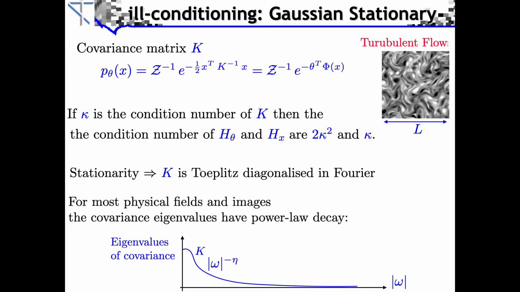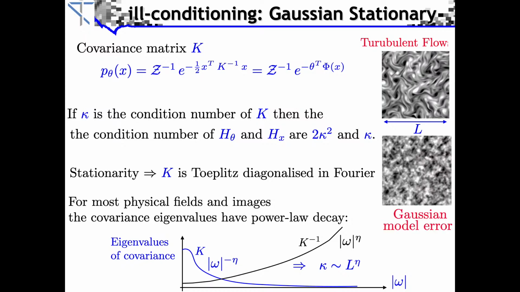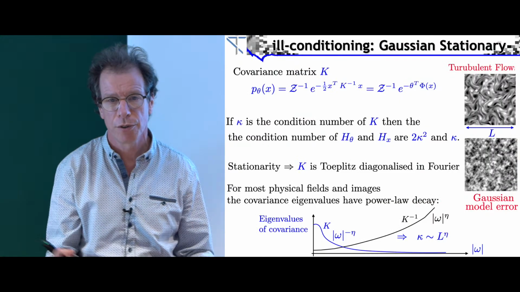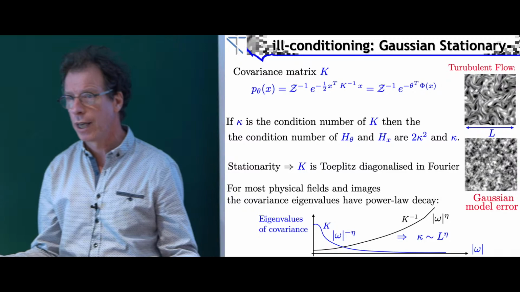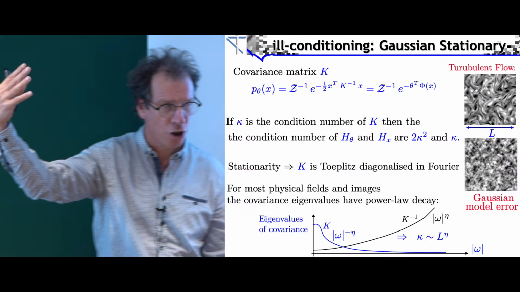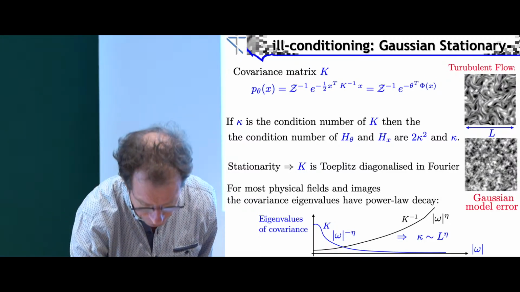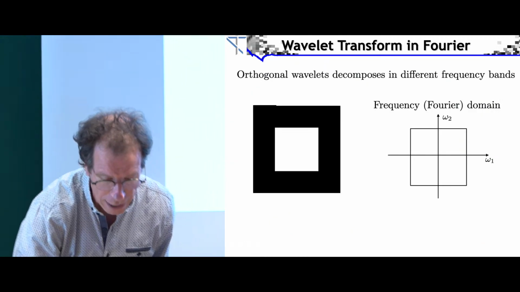That means that the ratio between the smallest and the largest eigenvalue is going to be very large. The condition number is going to depend on the system size to the exponent eta. Of course, that's not the only problem, because if you try to model this field with a Gaussian field, you get a very bad model. So we are facing this ill conditioning problem, but of course we also face the model error.